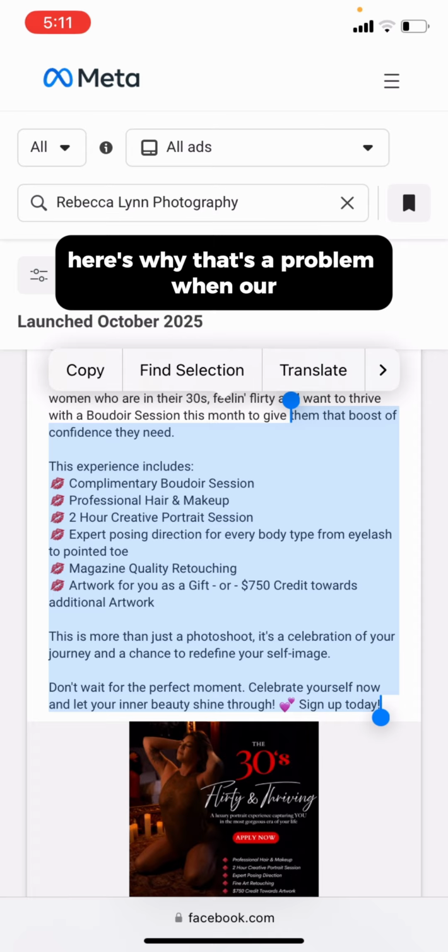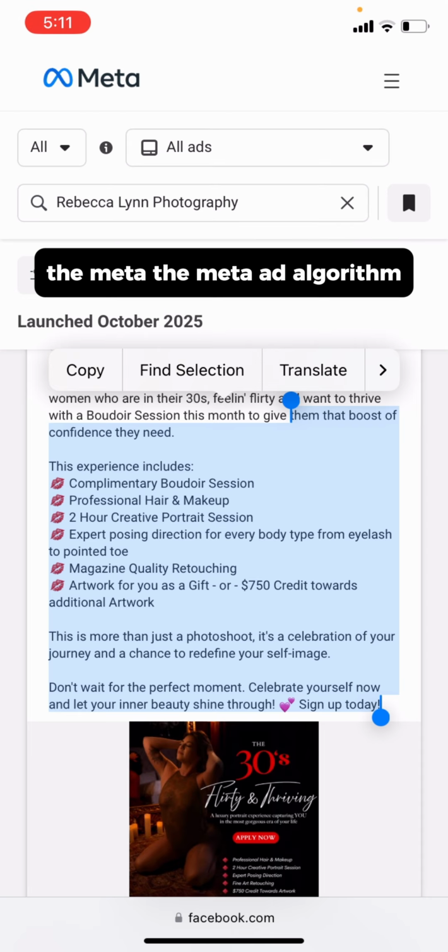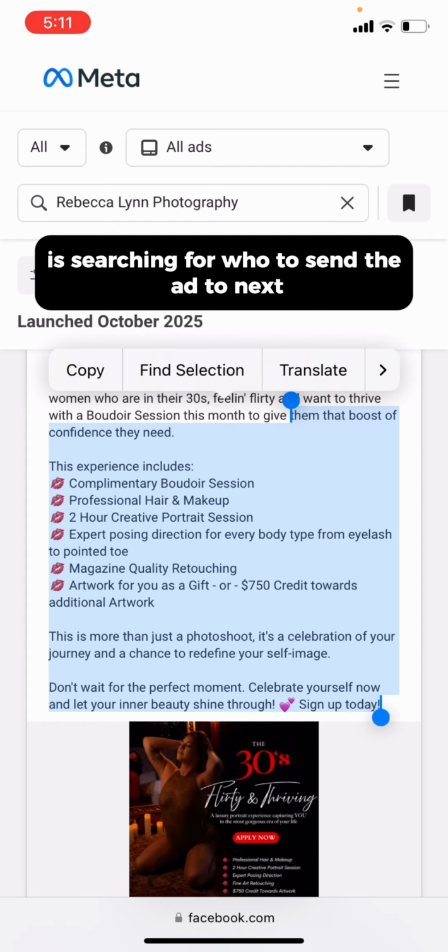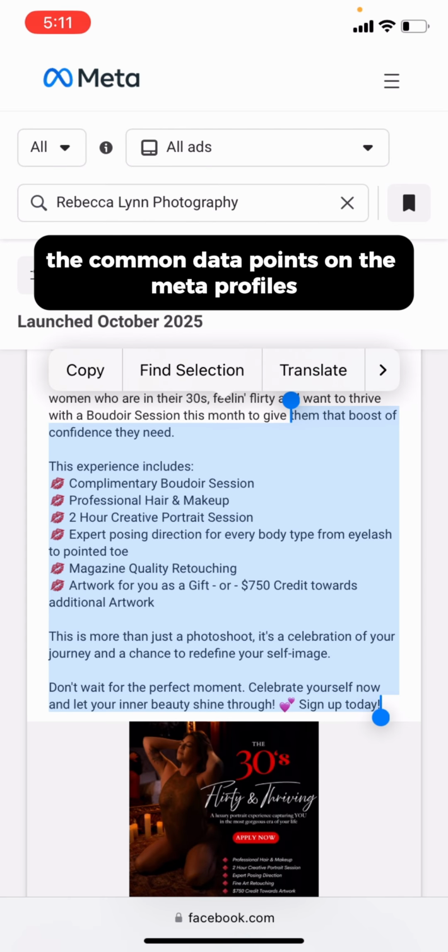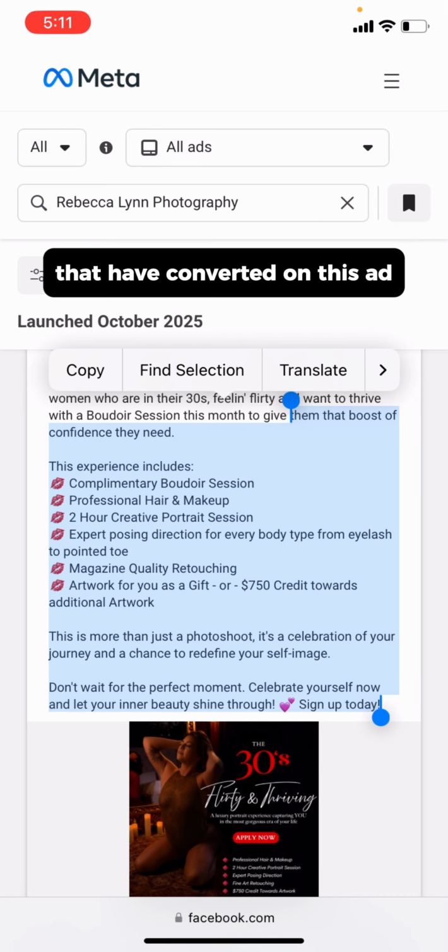Here's why that's a problem. When the Meta ad algorithm is searching for who to send the ad to next, it's pulling from some pools of data. Pool 1 is who's converted on the ad. So then it looks at, hey, what are the common data points on the Meta profiles that have converted on this ad?